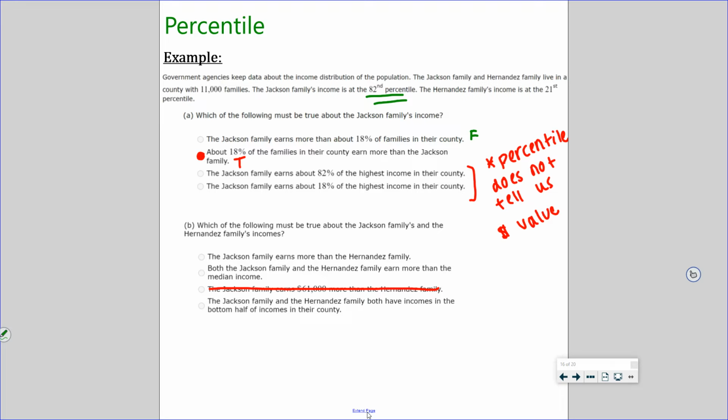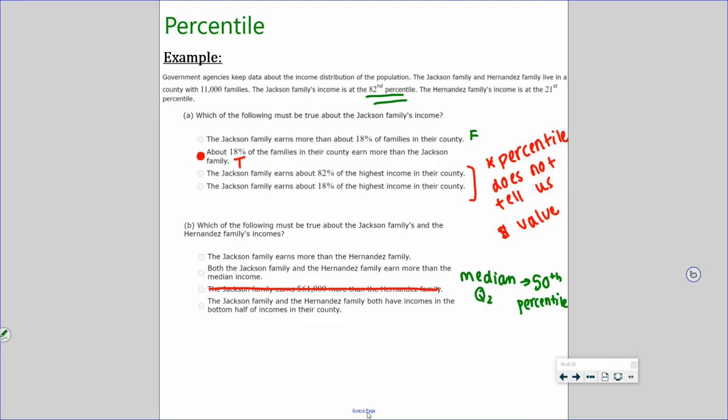Median income. What percentile do we think would be the median income? What makes sense? 50th, exactly. Median, or Q2, however it's phrased, would be the 50th percentile. Are they both above the 50th percentile?